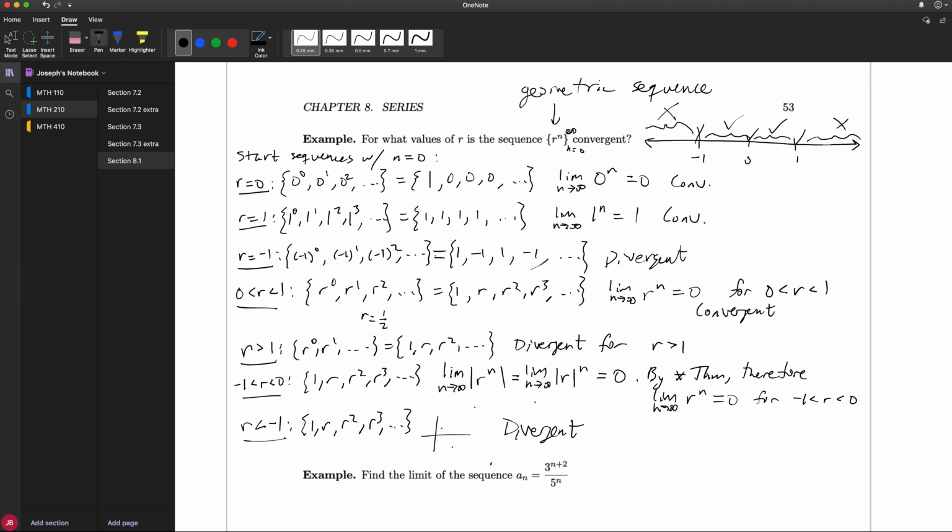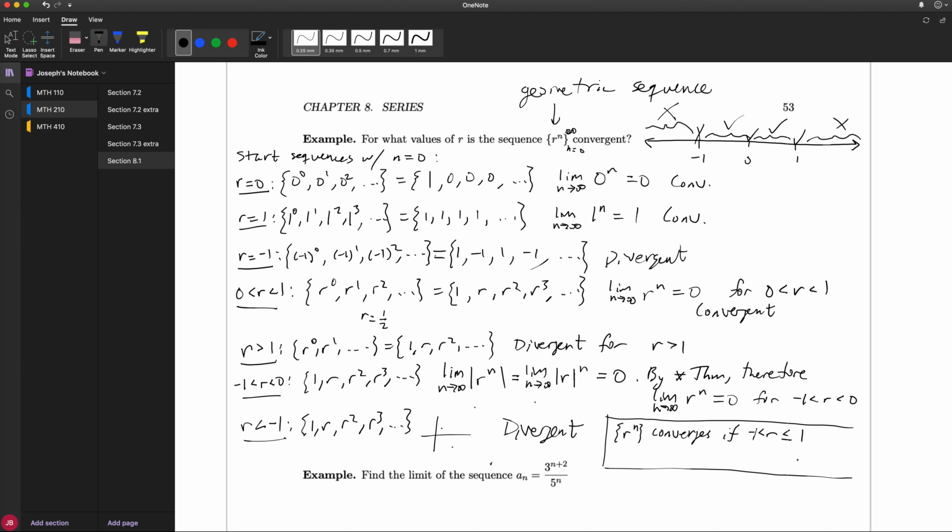So now let's collect, and we'll put our answer here in this little box. The sequence r to the n converges if, well, let's see, r can't be -1, but it can be any number bigger than -1 all the way up to +1. If r is strictly bigger than -1, but less than or equal to 1.